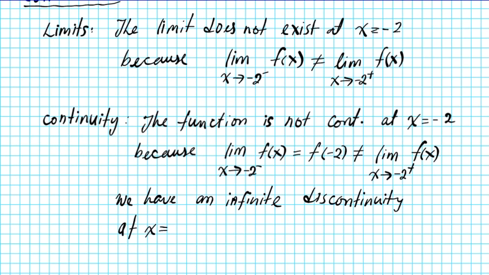The condition for this, as we went over in part 1, is that if at least one of these limits is equal to plus or minus infinity, then that means you have an infinite discontinuity. So we have an infinite discontinuity at x equals negative 2 because, in this case, just the right-hand limit, the right-hand limit as x approaches -2 from the right, is equal to infinity. So we have an infinite discontinuity here.